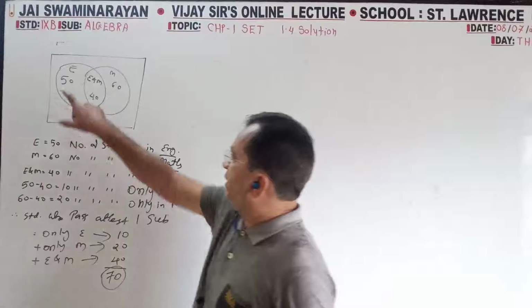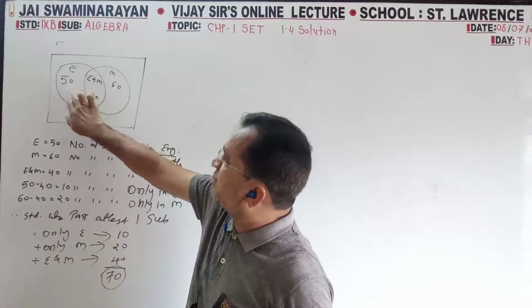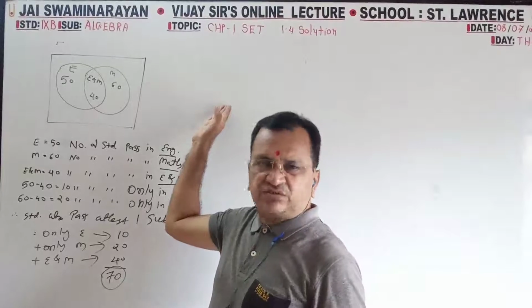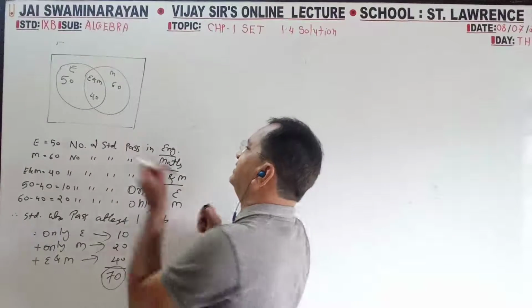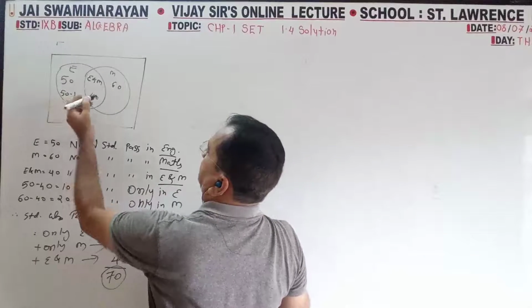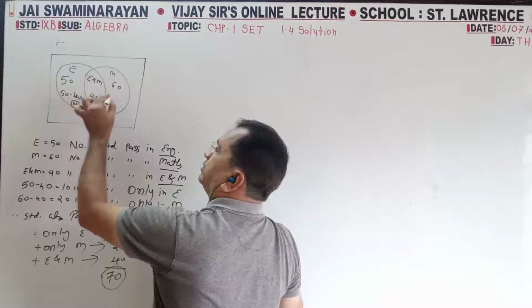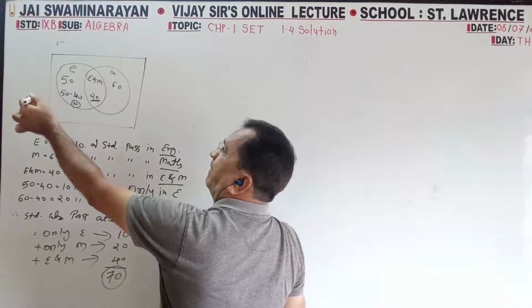Again I am explaining. The English group is 50, but among that 40 are passing maths also. So only in English, 50 minus 40, it is 10. 60 students are passing maths, but among that 40 are passing both.